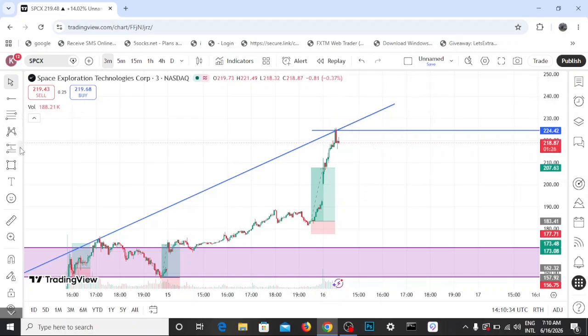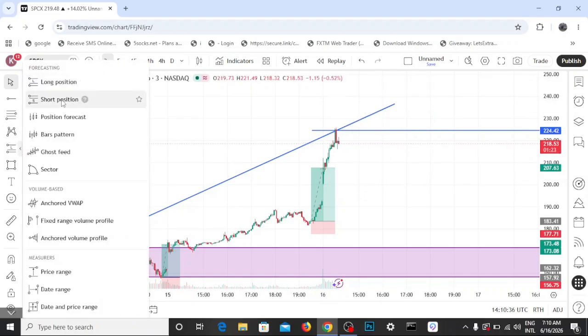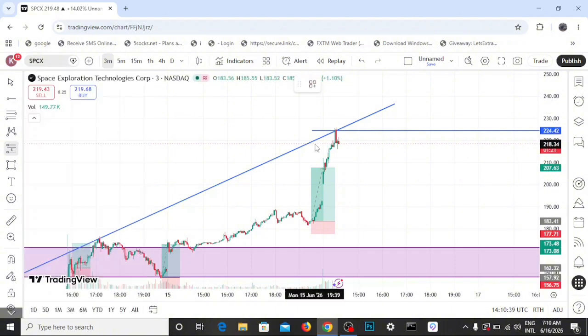Right now this is the current highest point, and it's crossed 200. So I expect it to dip.